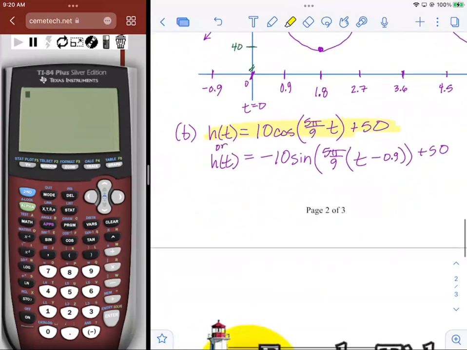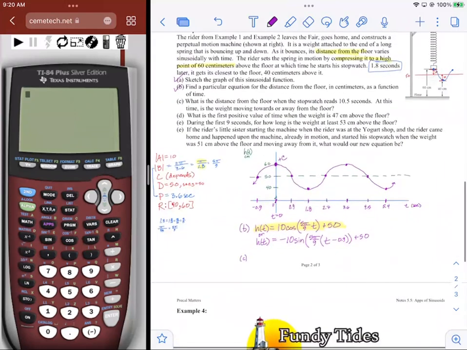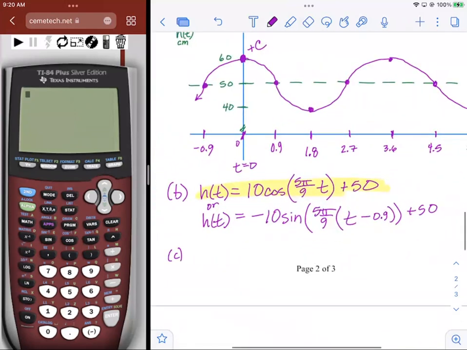So here's what you have to write on part C. How do you communicate to me on a test that you are plugging in a 10.5 for T into your function H? What do you have to write? H of 10.5. That's all you have to show me. Okay, and then you can go straight to your calculator. So how do we recall it from the home screen?